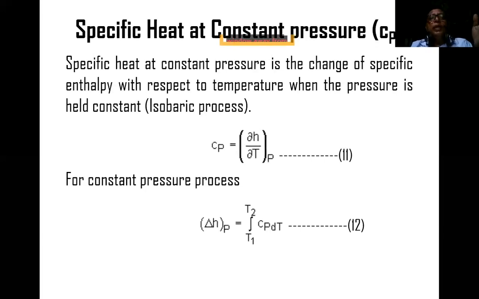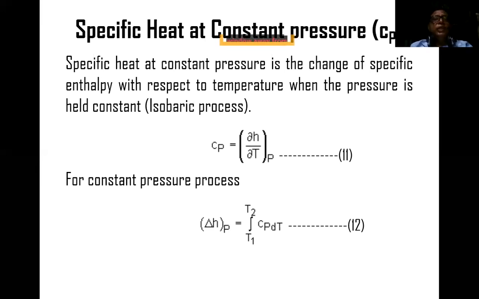Specific heat at constant pressure is denoted by Cp. Specific heat at constant pressure is the change of specific enthalpy with respect to temperature.